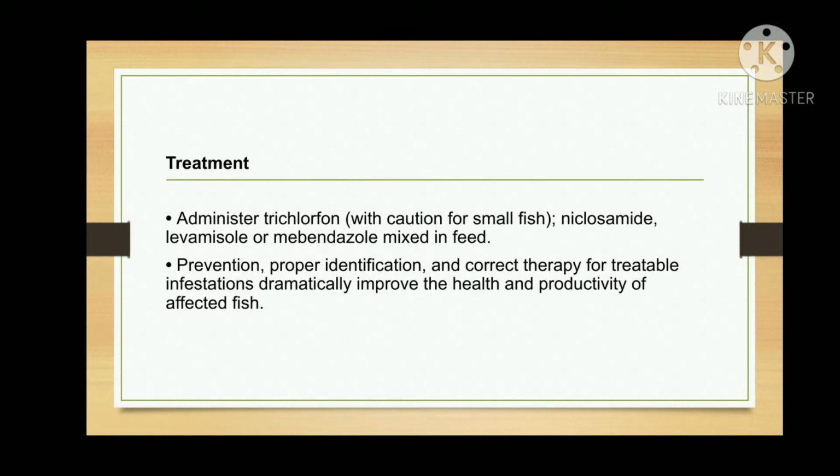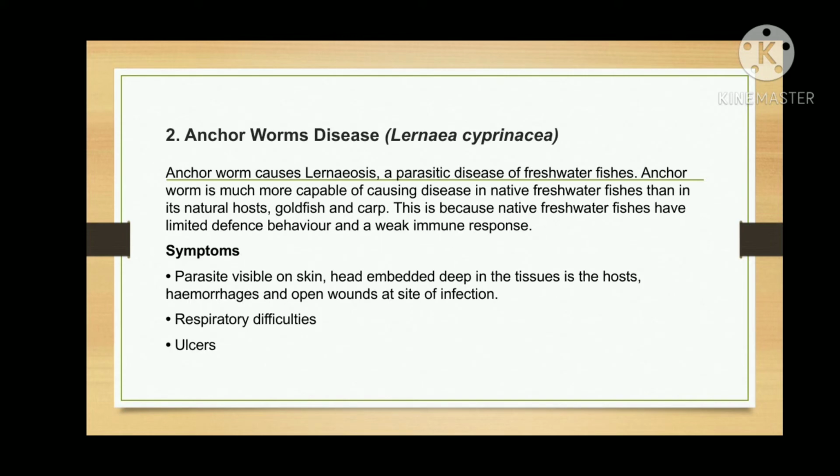Treatment: administer trichlorfon with caution or for small fish, niclosamide, levamisole, or mebendazole mixed in feed. Prevention: proper identification and correct therapy for treatable infestations dramatically improve the health and productivity of affected fish.